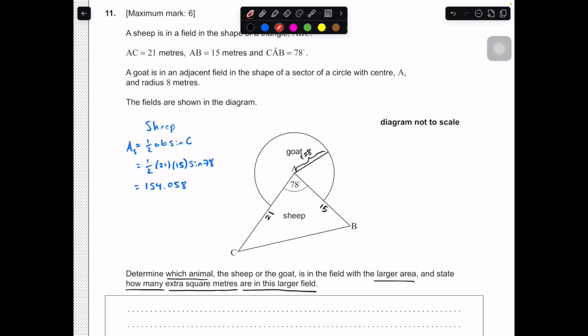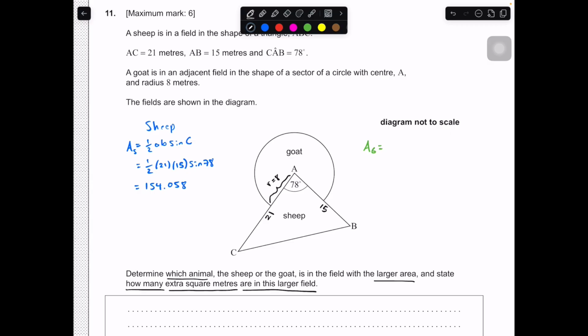Let's give the goat maybe the green. So AG, area of the goat. And what do we have for the area of the goat? We know the radius R is just equal to 8, so it's 8 meters.